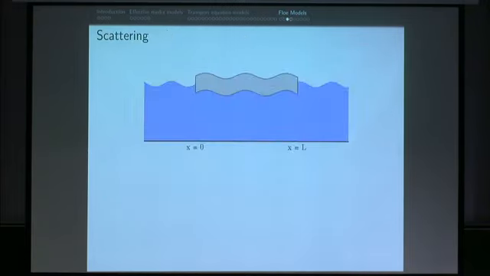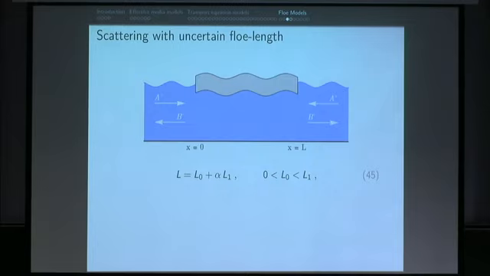So what happens in the horizontal direction if you have just a piece of ice on the water? In scattering, you will know that you have an incoming wave and an outgoing wave and a transmission coefficient which tells you how much the wave gets through and how much is reflected. But now what happens if we are uncertain about parameters of that model?